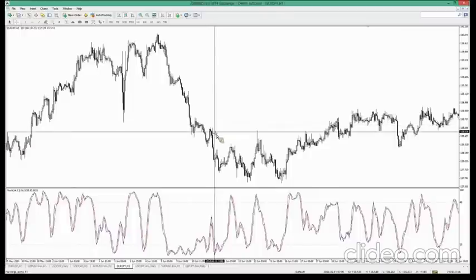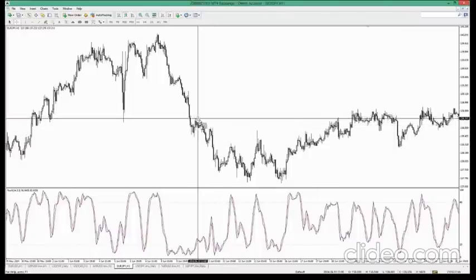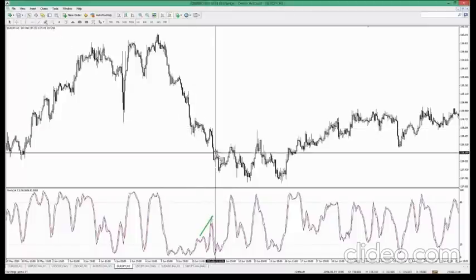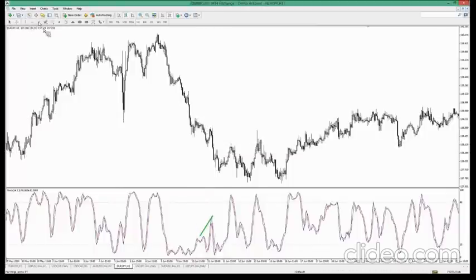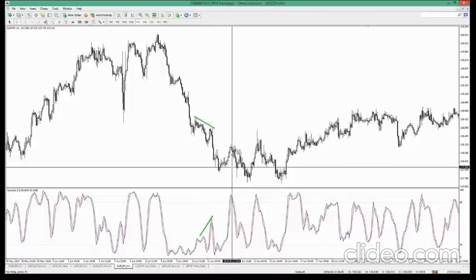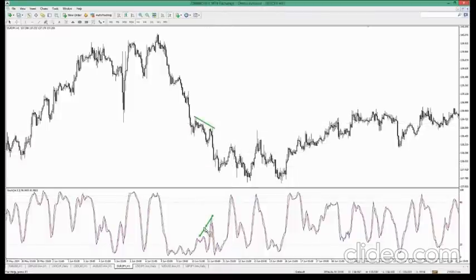You see, like here, for example, we're obviously in a nice trending environment. Here to here, price drops, back, stochastic again higher, price lower.